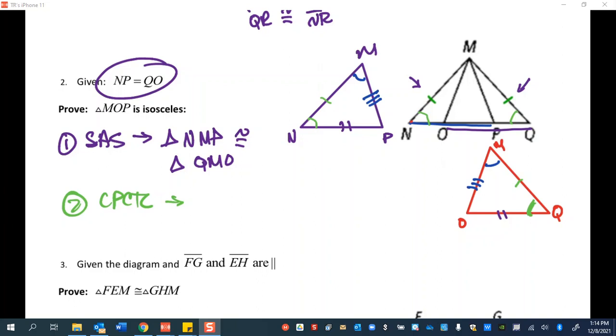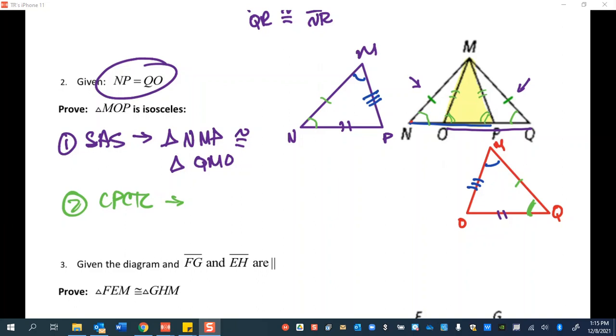If I'm trying to prove that triangle MOP is isosceles, I've got two ways of going about it. If I have these two sides congruent, that's going to make it isosceles. If I've got these two angles congruent, that's going to make it isosceles.